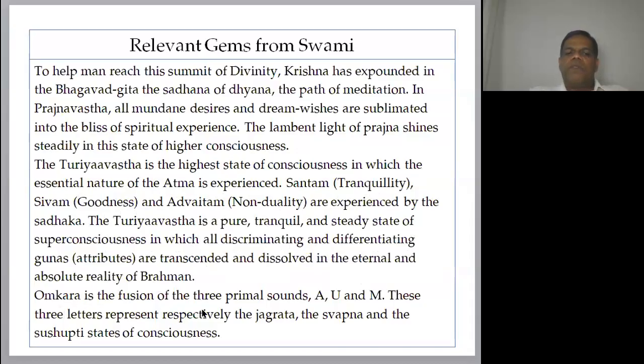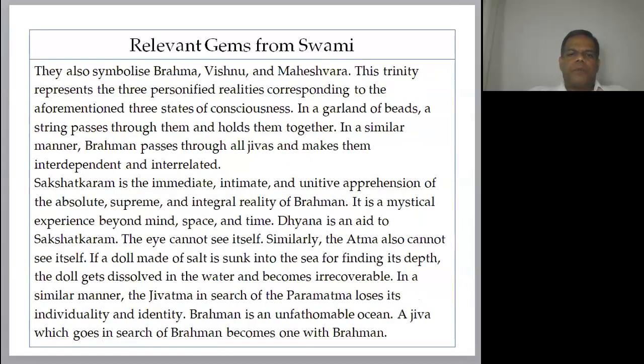Omkara is the fusion of these 3 primal sounds, A, U, and M. These 3 letters represent respectively Jagrata, the Swapna, and the Sushupti states of consciousness. They also symbolize Brahma, Vishnu, and Maheshwara.